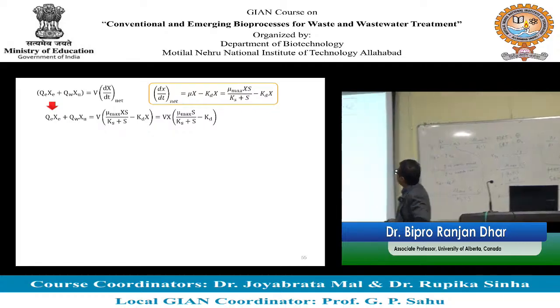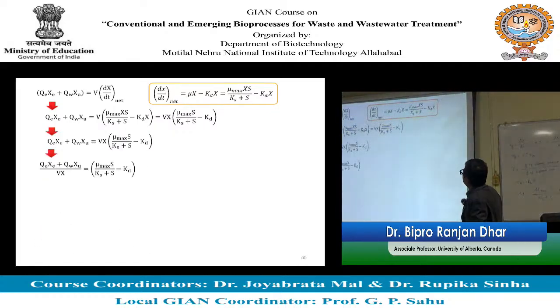So now if we do some rearrangement, what we are getting here: Vx, Qe, Xe, Qw, Xu, right?